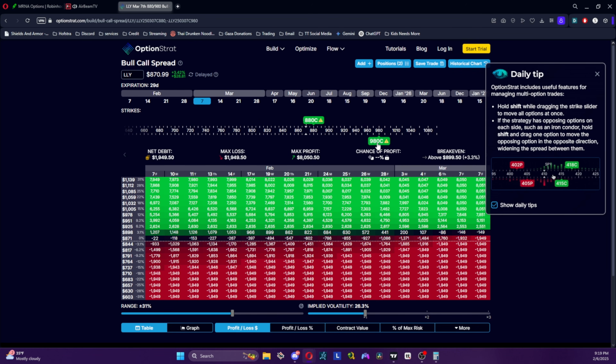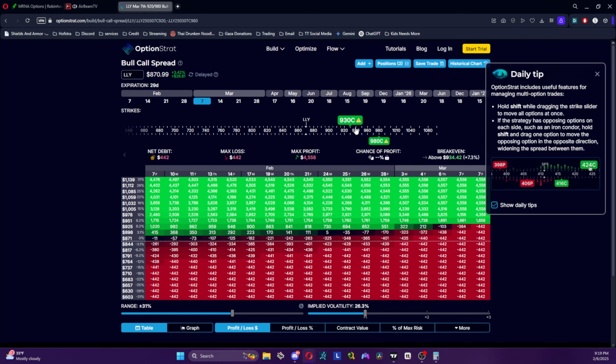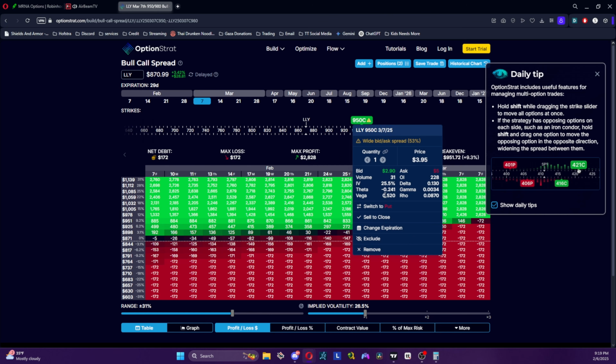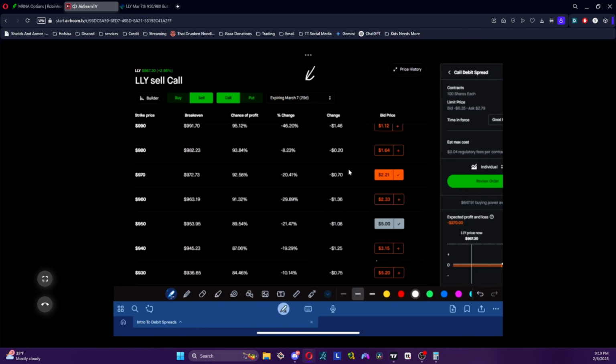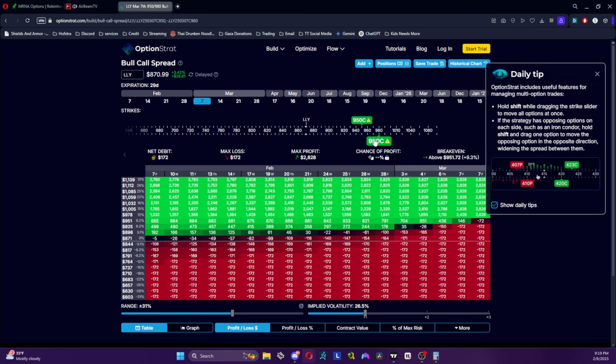So we're going to set the 950 as a contract we're buying because this is the buying side, right? It shows 1, versus the selling side shows -1. So we're going to set this to 970.